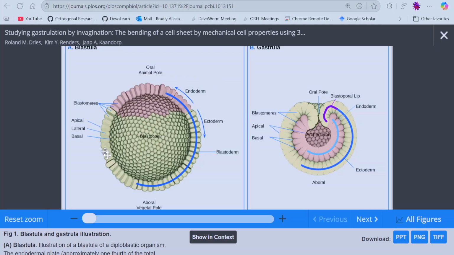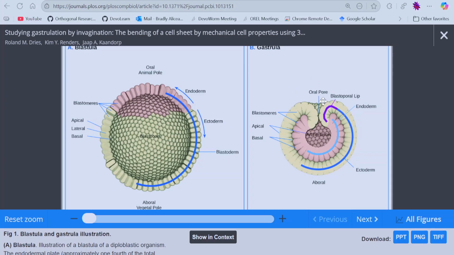So this is a blastula here, where we have the blastopore, and then we have the endoderm here, the ectoderm, and the blastomeres out here. So they're kind of showing the blastula as it occurs in nature, and then the gastrula, where there's this inward folding, this invagination at the oral animal pole.